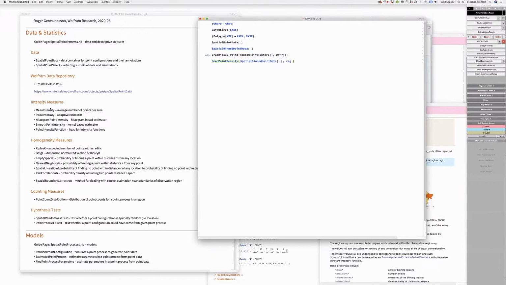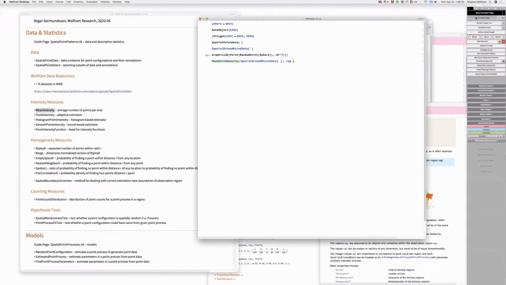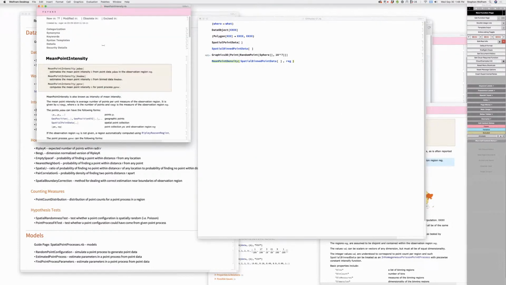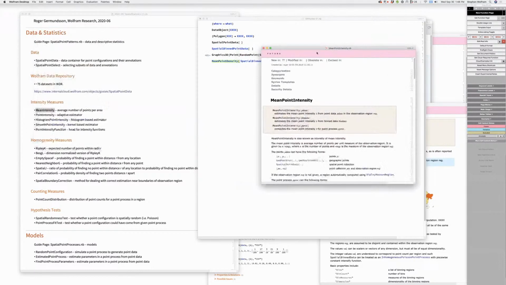Is that correct? Look at it. I think it doesn't work. Oh, mean intensity. Did you rename it? Mean point intensity. We changed it in the guide, but I didn't change it in this design notebook. It's been many name changes. Okay, no problem.